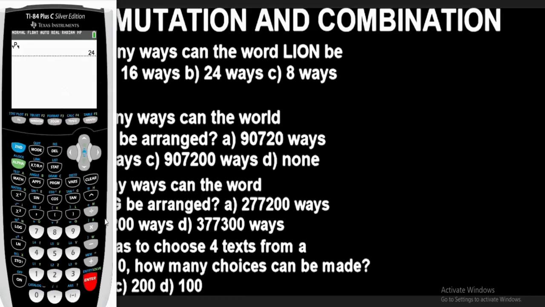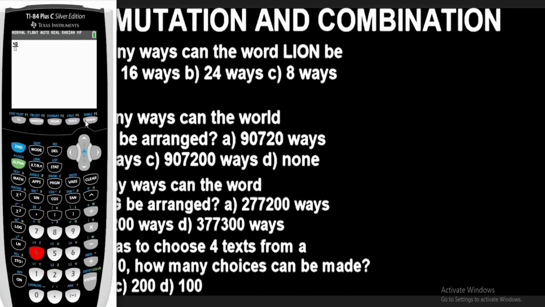Another way you can do it is to use the factorial method. Let's clear this. You bring out the fraction button: press alpha and this button for fraction, press 1. The value at the numerator will be the total number of letters that make up the word you have, so it's going to be 4 factorial.